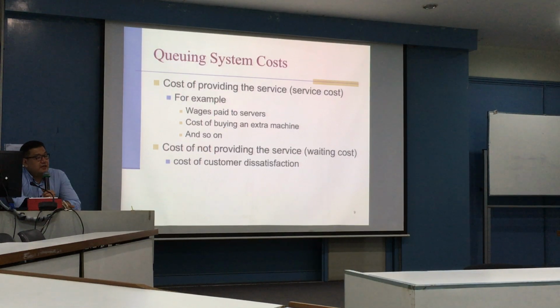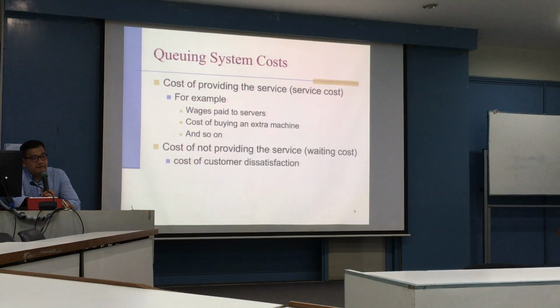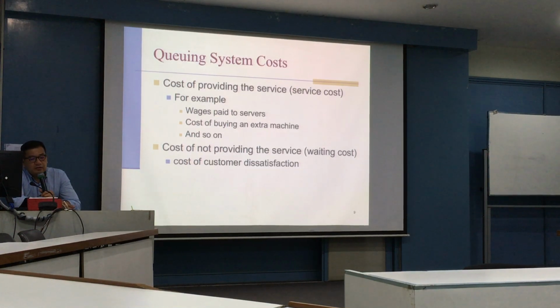Such as the wage or salary of the cashier or service provider, or buying a new machine to use in the queuing system and so on. So all the expenses that you pay in order to provide the service to the customer, we call the service cost. Another cost that should be included in the queuing system cost is the waiting cost. The waiting cost is an abstract cost, the cost of unhappiness of the customer.